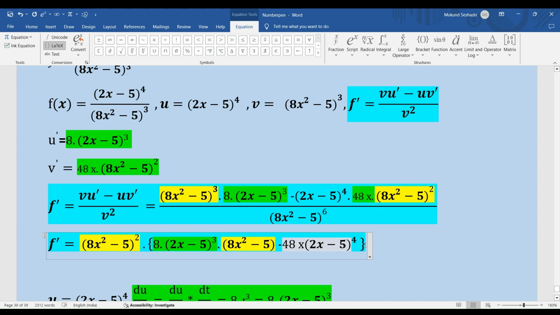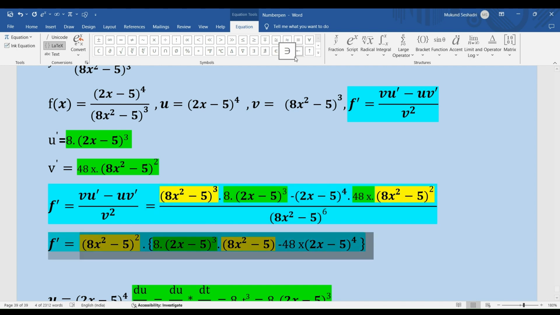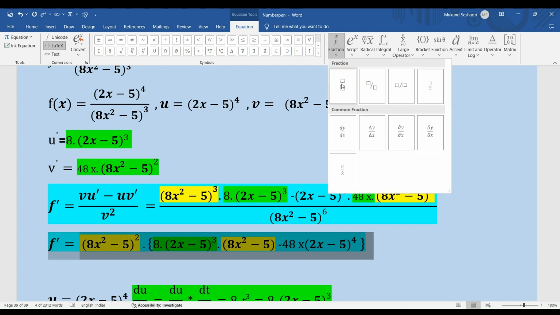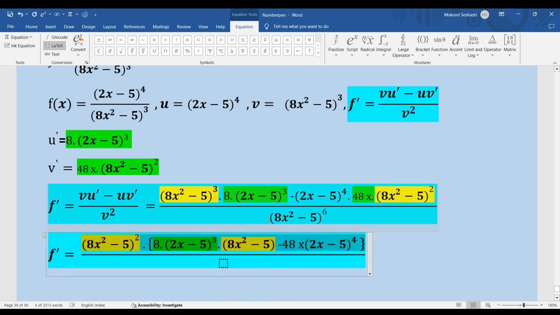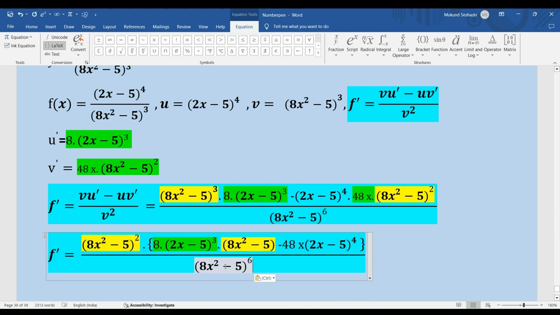And then remember, folks, I still have my (8x² − 5) to the power 6 in the denominator, which I'm going to just write as it is before I make the cancellation of (8x² − 5) the whole square with the term in the denominator, right? So I can pull out my pencil now.